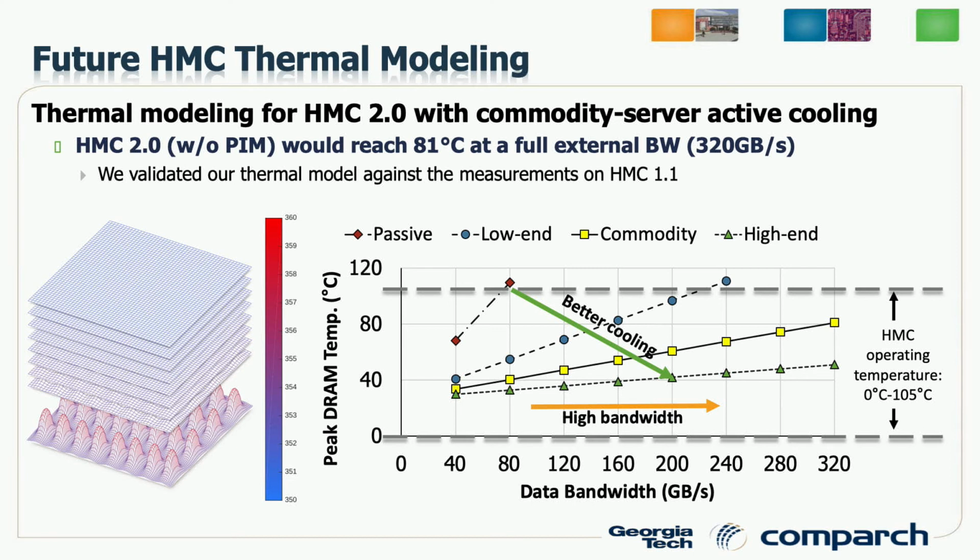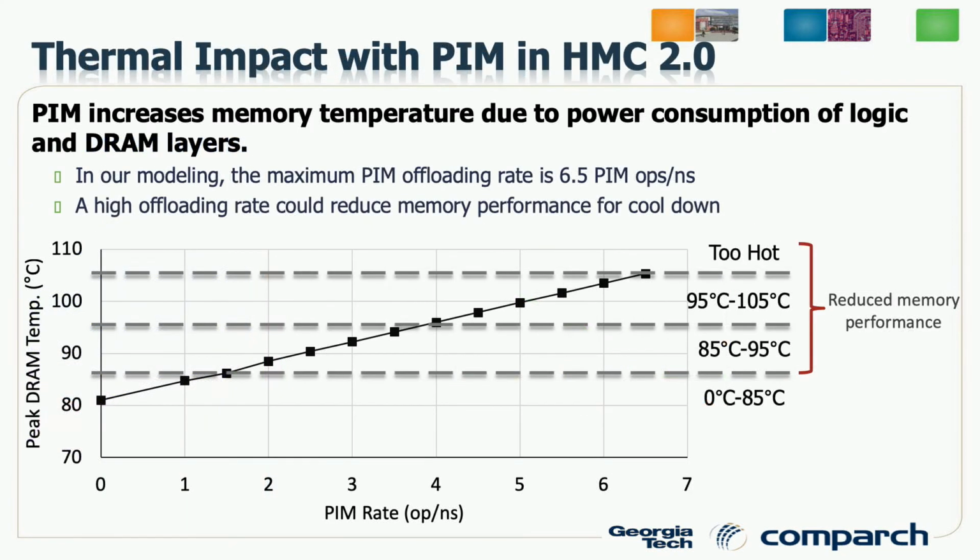But if we use low-end cooling systems or just passive cooling, then it reaches 105, and we shut down, so that we cannot offload anymore. So we model this relationship of PIM offloading versus peak temperatures.